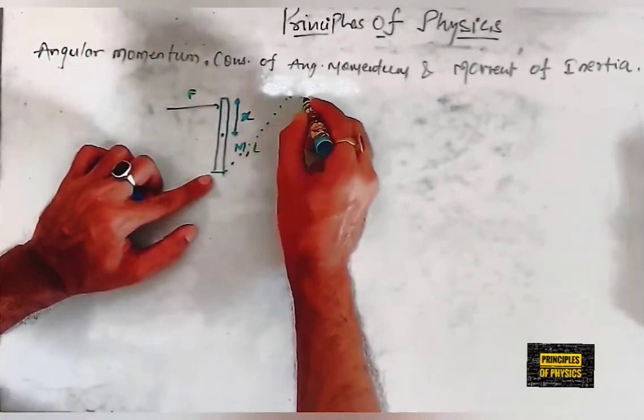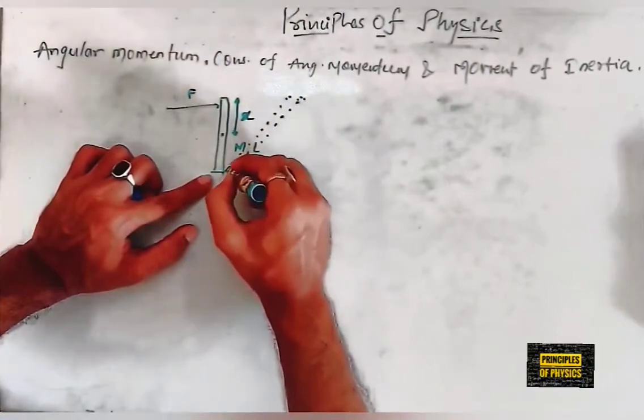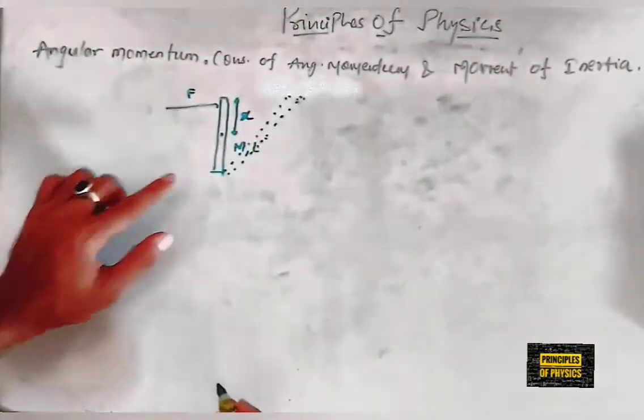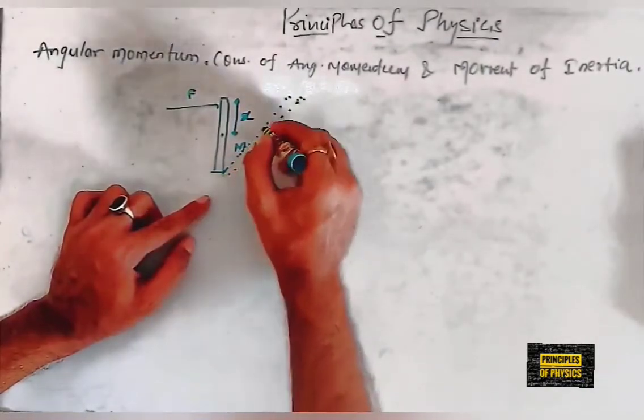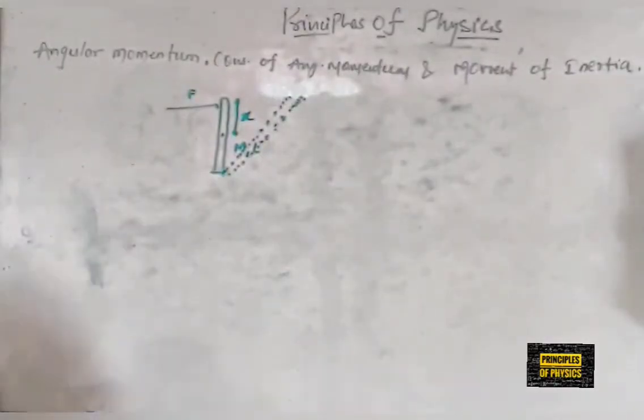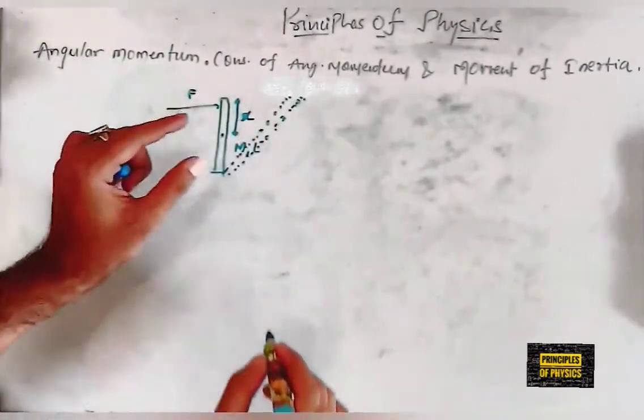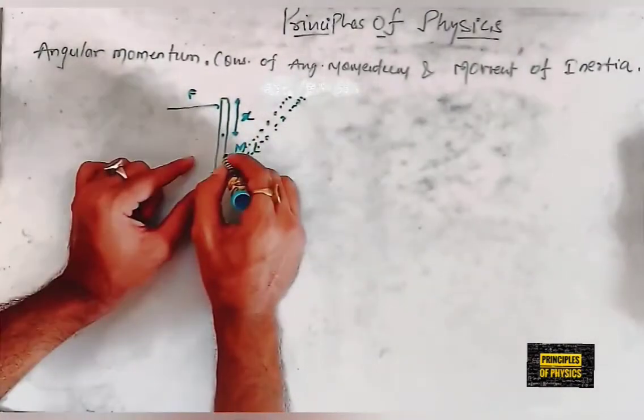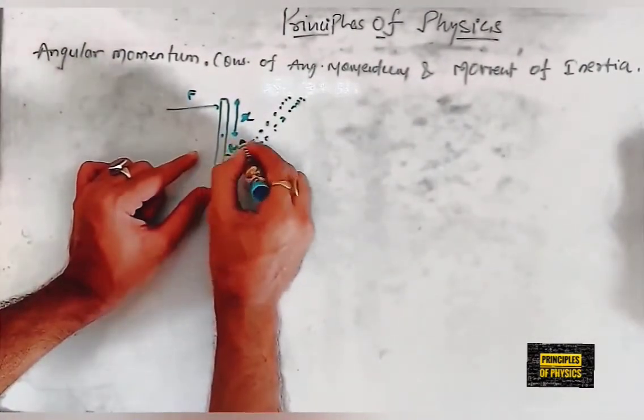After some time t, the body position will be like this. So what has force F done on this body? It has rotated the body to some angle theta.